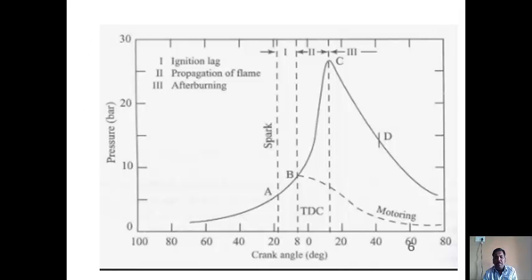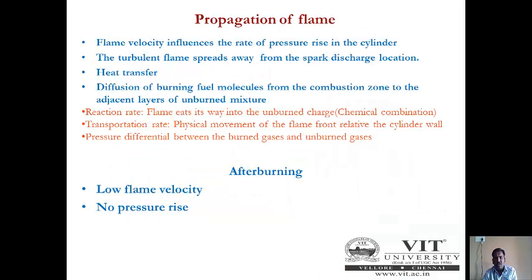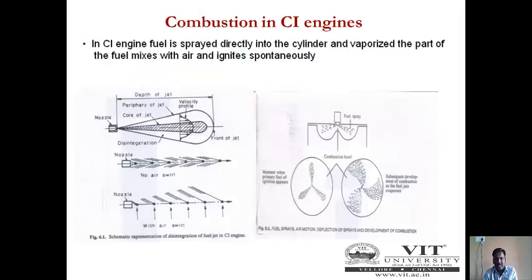As the piston moves from TDC to BDC during the expansion stroke, the cylinder volume increases. By this time only 5% of the unburned mixture is left in the cylinder, and it won't increase the pressure. The heat transfer during the third stage is very less. That's why it is called the last stage, or afterburning. During this stage, the flame velocity is very low and there is no pressure rise. And this is about the stages of the combustion process.